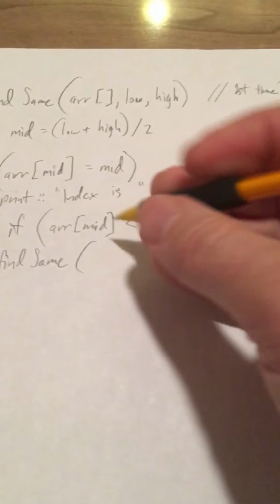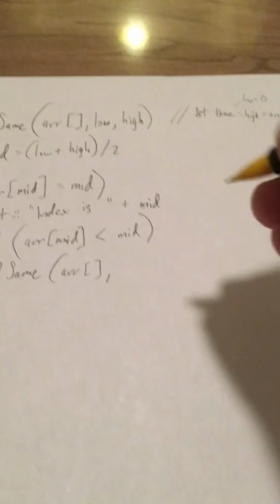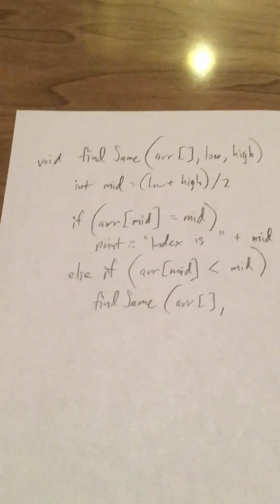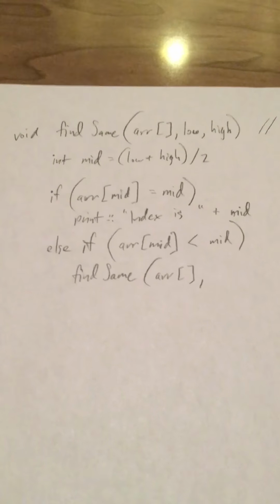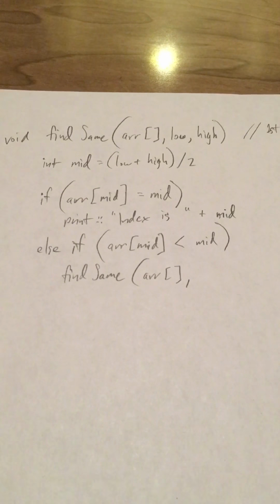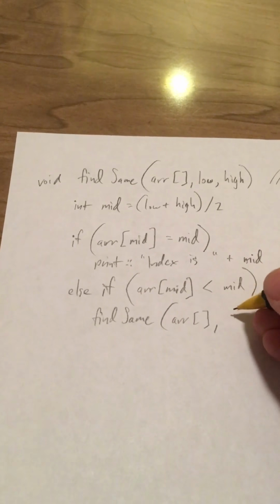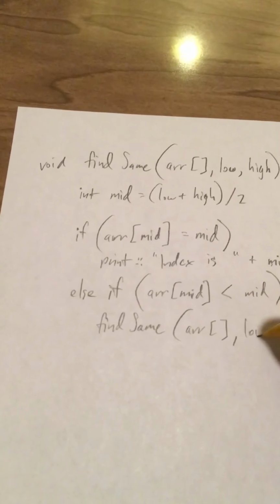Toss in the array. And then the only difference is we just have to figure out our low and our high. Our low in this case would be the same, 0 again. We'll just keep it as is.